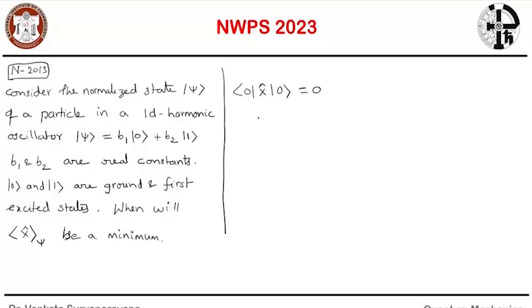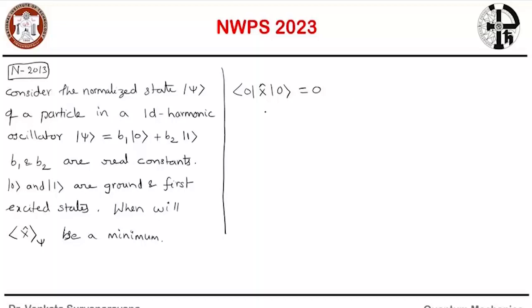Does anyone know why this becomes 0? Expectation value of x in the ground state is 0. Mean position. In harmonic oscillator, the expectation value of the position operator in the ground state is 0. If not anything else, at least you should know these two facts.